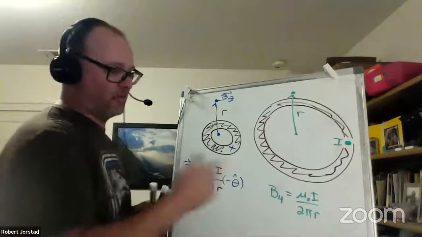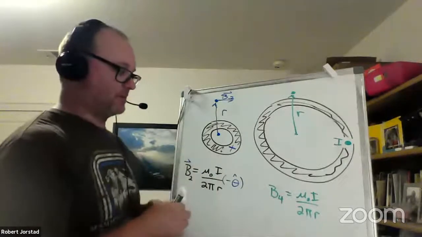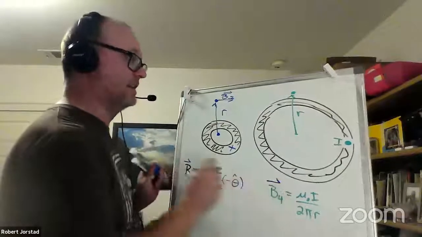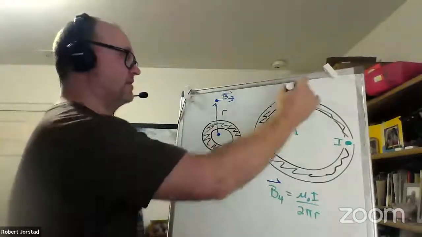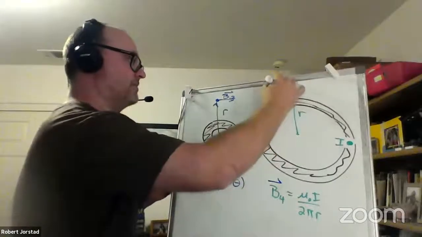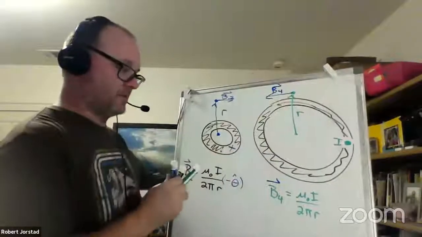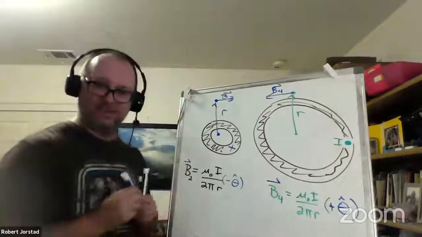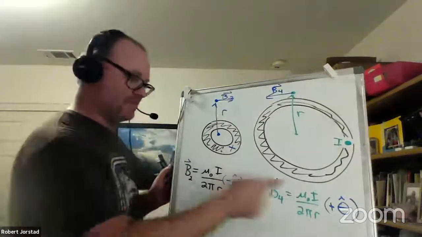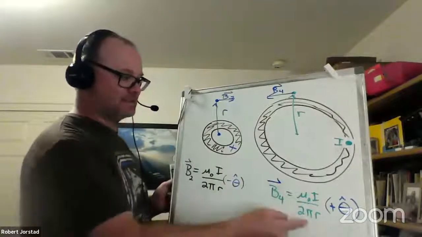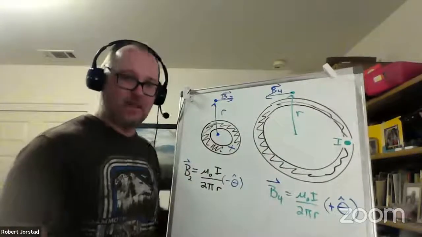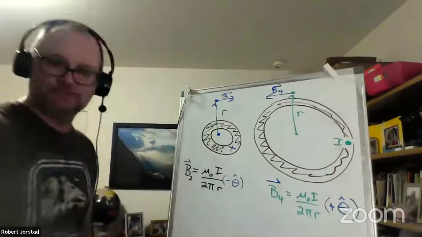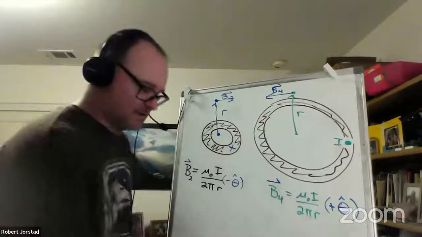So now at this point, I could then upgrade this to a vector. Well, in this case, if I want to make it a vector, this one would be this way. So it would be positive theta hat. If the current size is the same, and if the distance from the center of each shell is the same, when you add together the vectors, boop, boop, it drops out. Crazy.